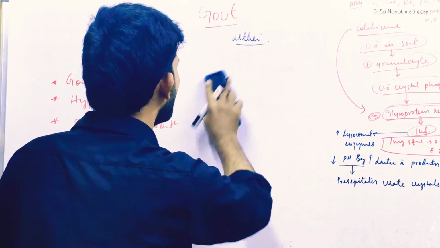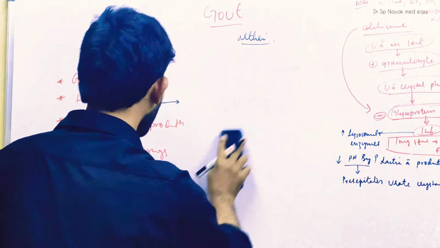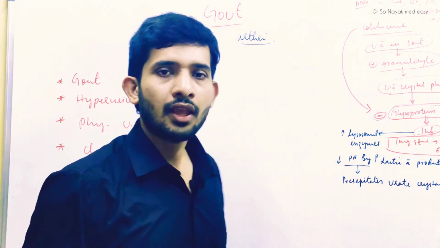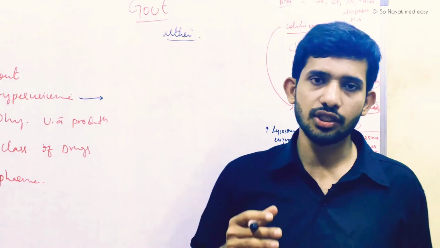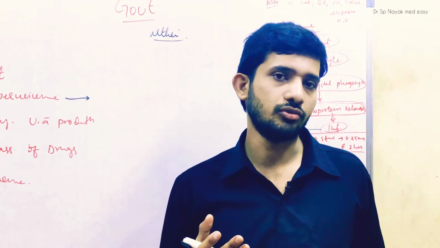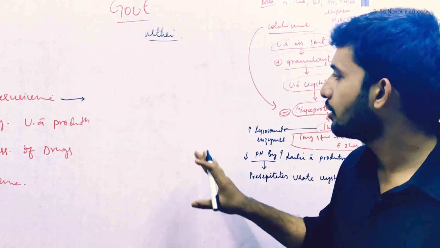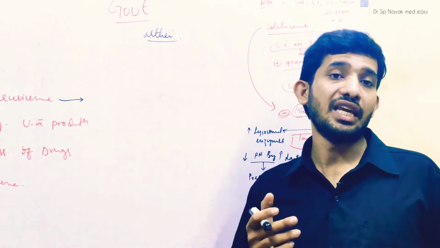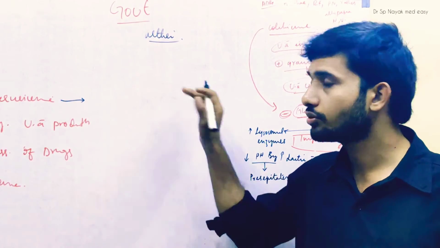So I think you learnt about the definition of gout. So now we can say that gouty arthritis or gout is a metabolic disorder of purine metabolism. Actually it is purine catabolism. So it is a metabolic disease with excess catabolism of purines. So that leads to gouty arthritis.